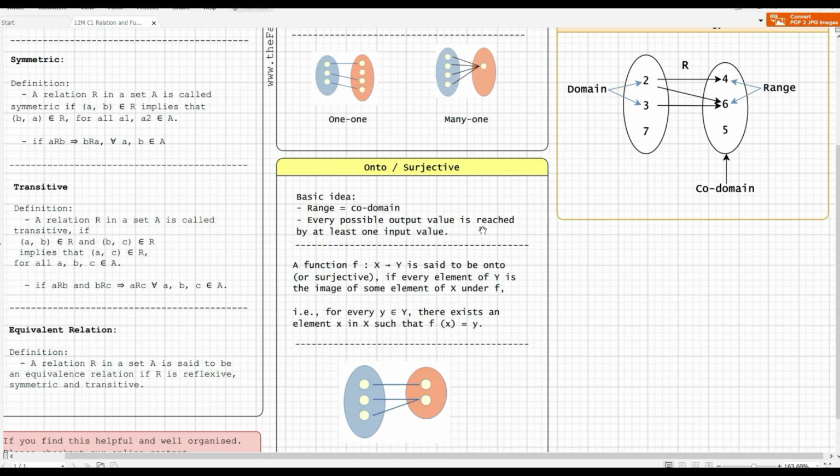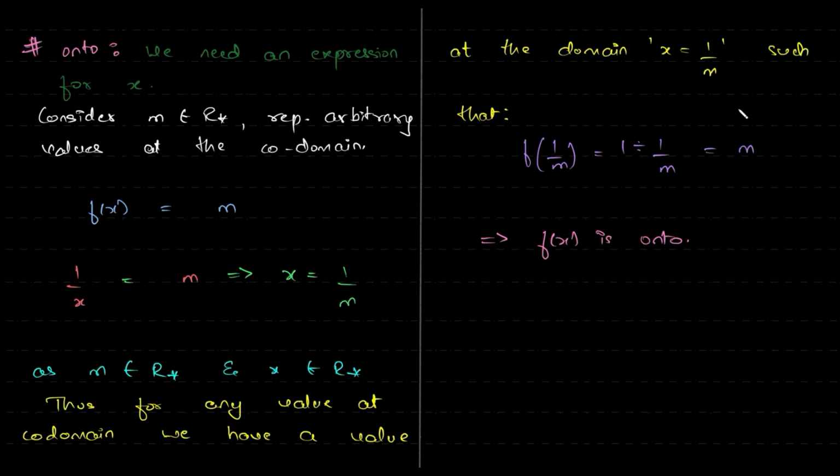Every possible output value is reached by at least one input value. We can write the answer in this manner. For every question wherein you have to show something is true, you just write it in this manner, as simple as that. So this is your answer in entirety.